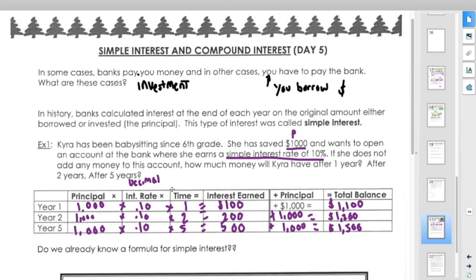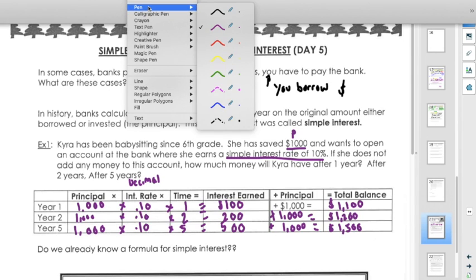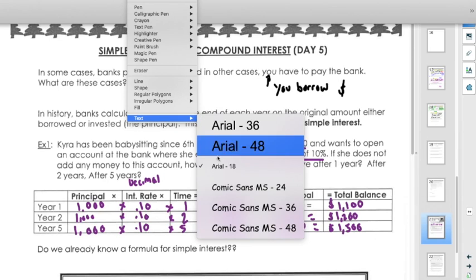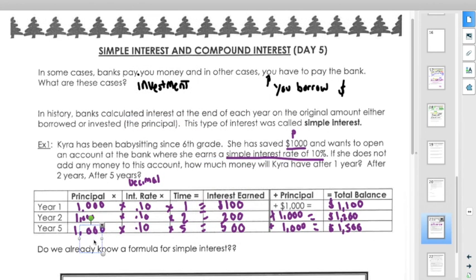And the principal, guys, write this down underneath. Anytime we're working with principal in different numbers of years, principal is always the same number. All right, 1,000, 1,000, 1,000.